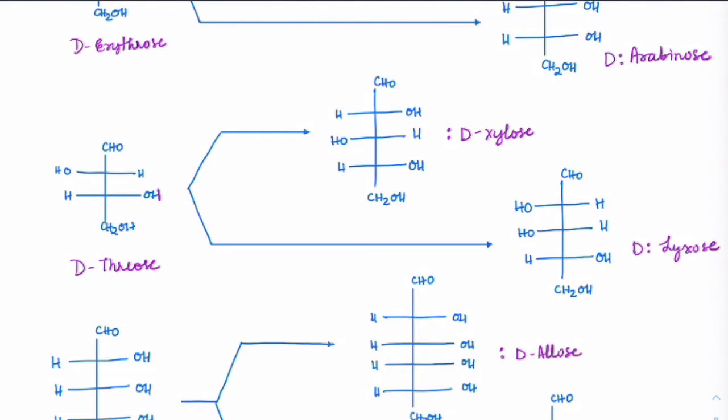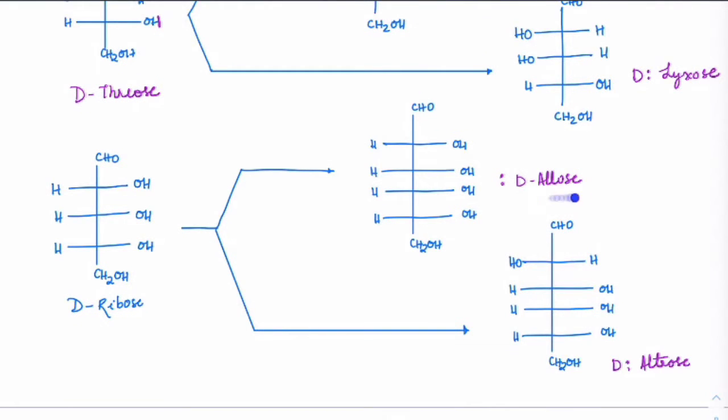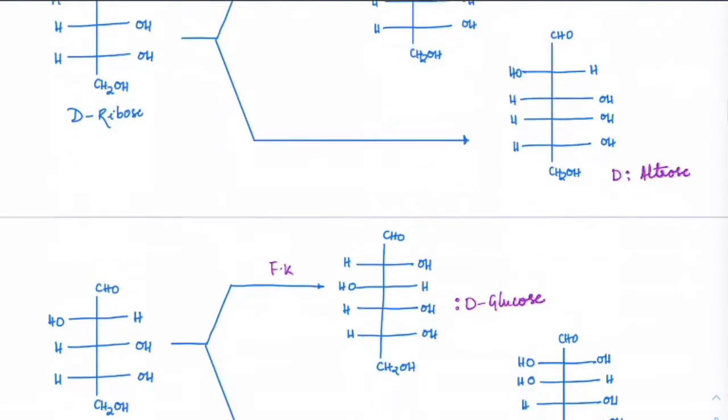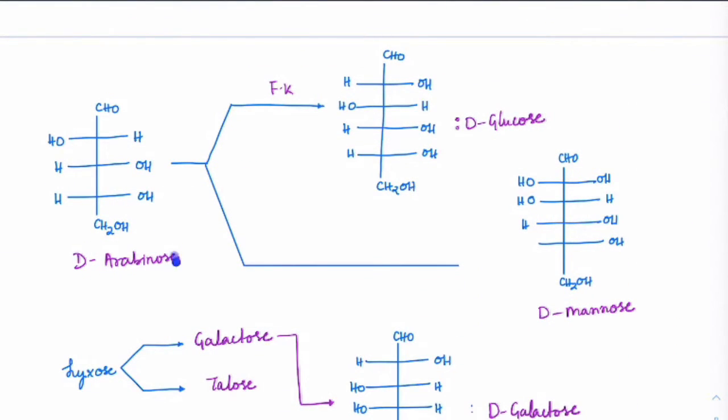Okay, and ribose will give us allose and altrose. So every particular family member will give you two new, step-up aldehydes. Here arabinose with Fischer-Kiliani would give us D-glucose and D-mannose, while lyxose will give us galactose and talose, and xylose will give us gulose and idose.